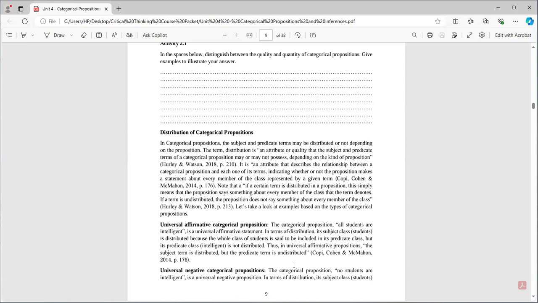Then we have universal negative proposition. No students are intelligent. That members of the class of students are not found in the class of intelligent people. Can it be taken as no intelligent people are students?